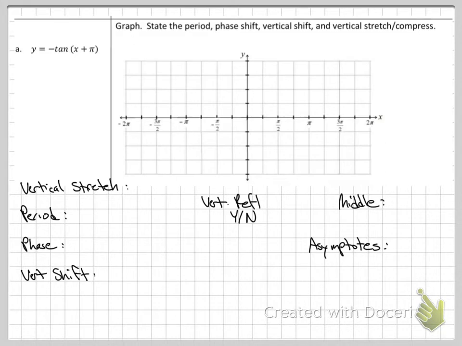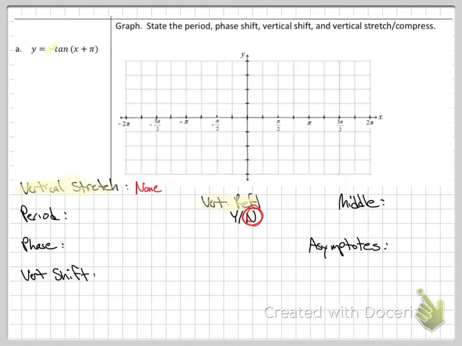So let's look at what we have. There is a negative sign in the front. So that tells me there's no stretch, right? Because that's an imaginary 1. When you have a parabola of 1x squared, it has no stretch. So this is none. Then the vertical reflection, it's negative, so yes. The period is 2 pi over b. Nope, sorry.